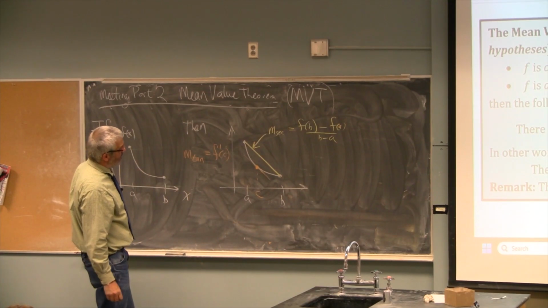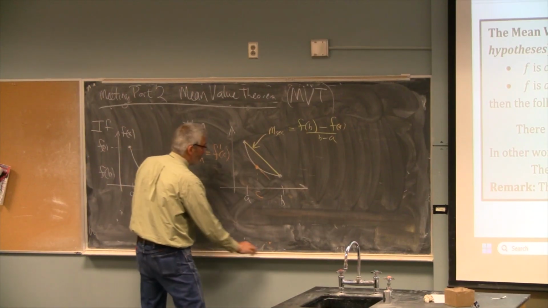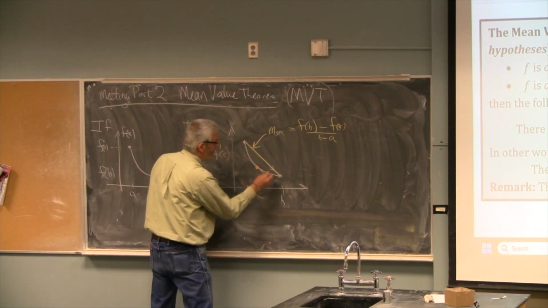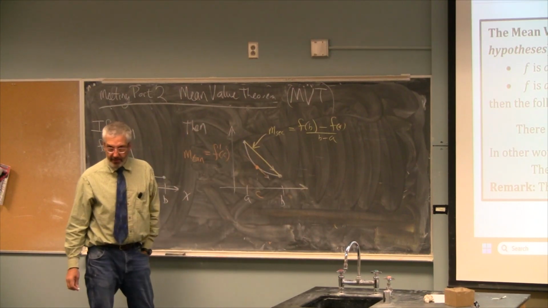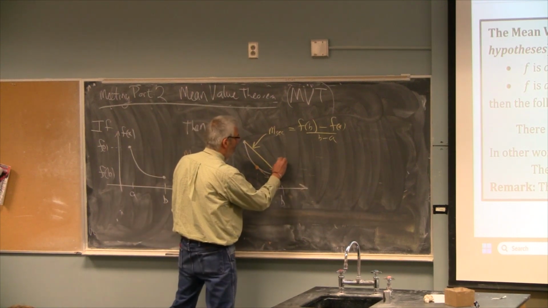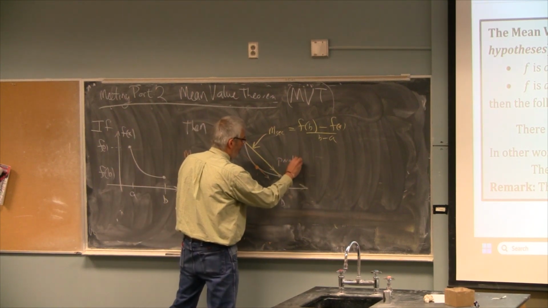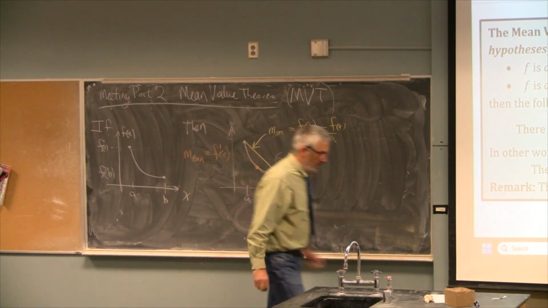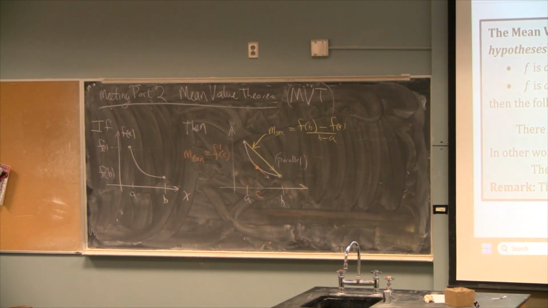They're parallel. In geometry, you put little arrowheads on the lines to indicate that they're parallel. So, as with Rolle's theorem, the hypotheses are important.